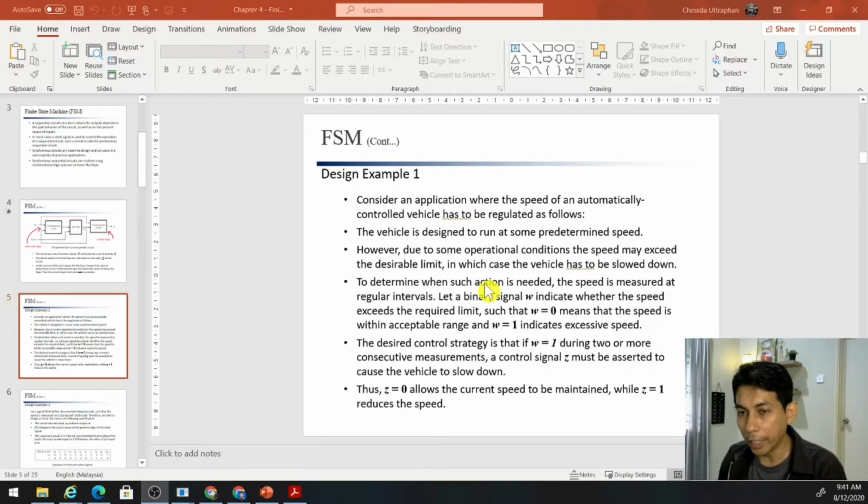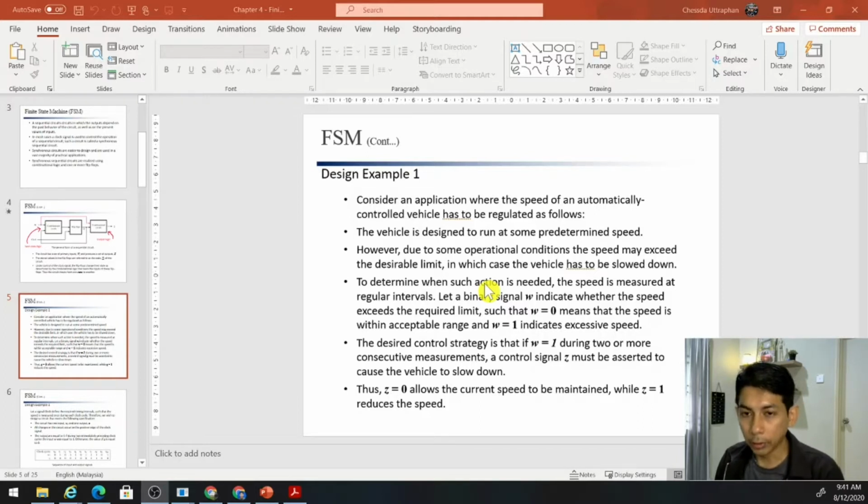It will wait for the next measurement, and if it is still exceeding the speed limit, then it will send the signal to the car controller to reduce the speed of the car.